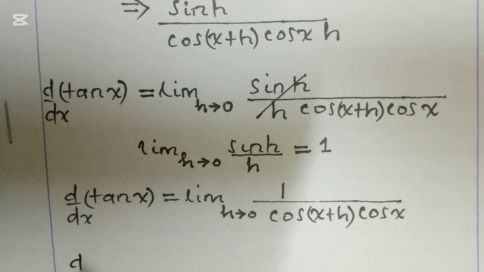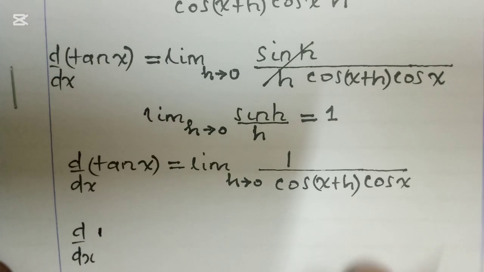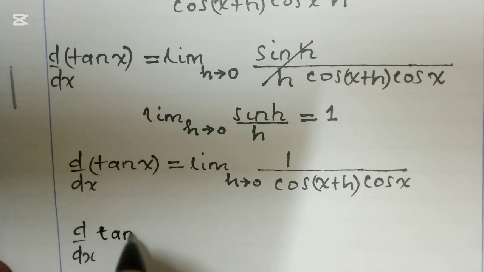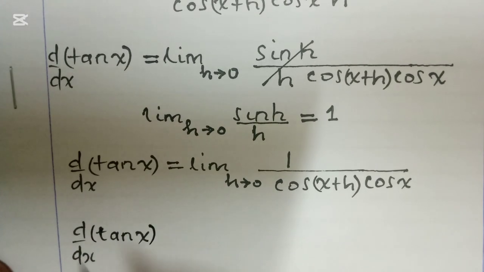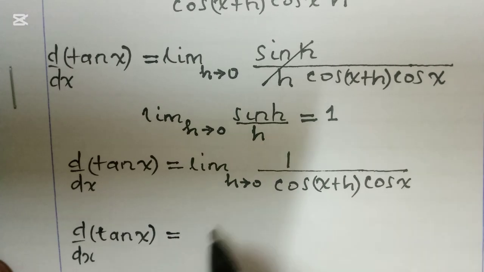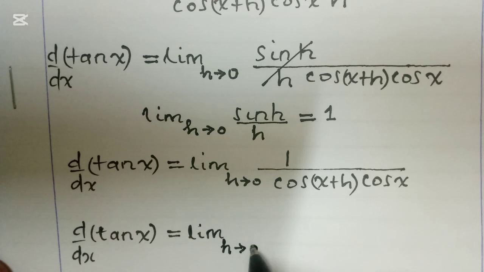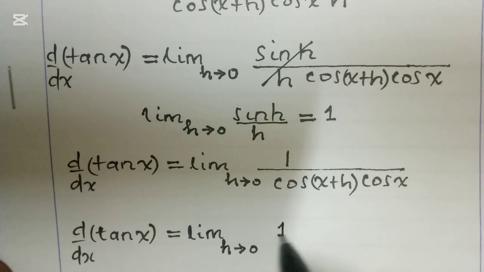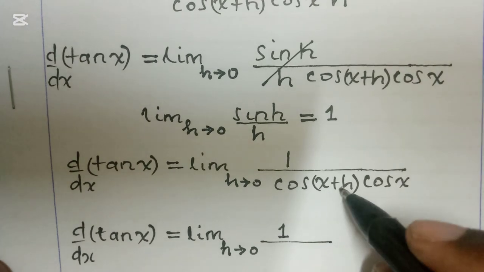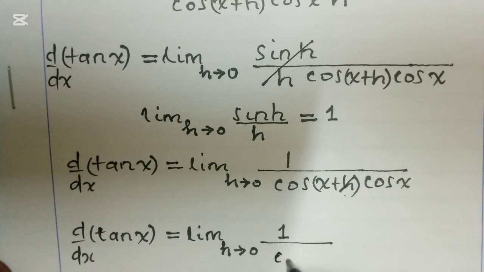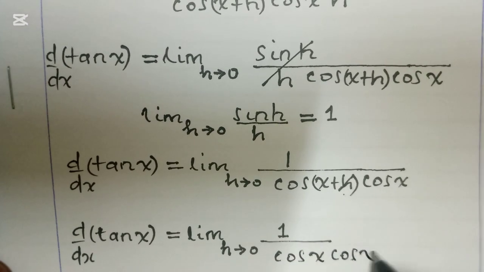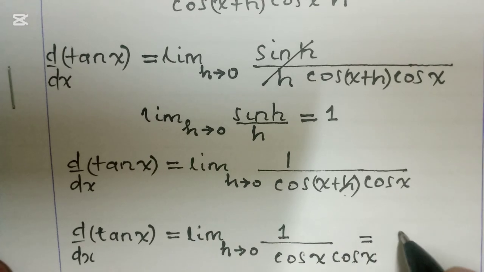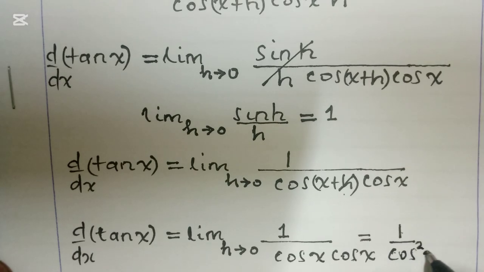And so our values are going to be d over dx of tan x, that is the derivative of tan x, is equal to the limit as h tends to 0 of 1 over, now we neglect that h, so we are left with cos x, which is now equal to 1 over cos squared x.